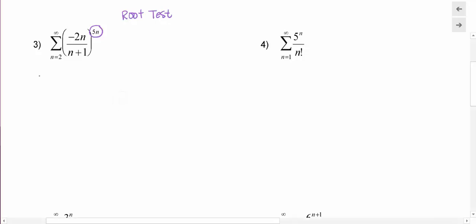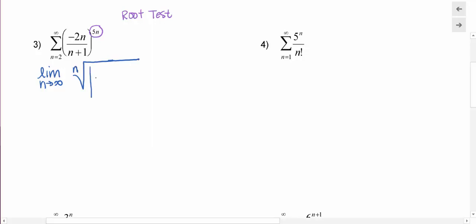So what we're going to do is we're going to look at the limit as n approaches infinity of the nth root, and if you choose to write the nth root to the 1 over n power, I think that would be fine as well.